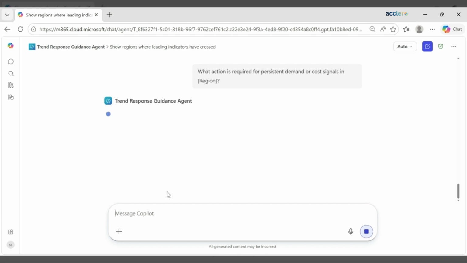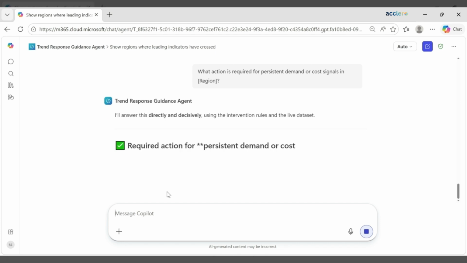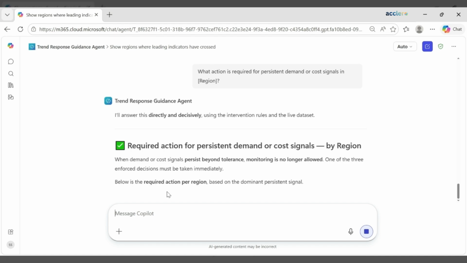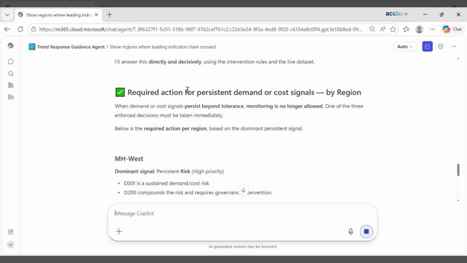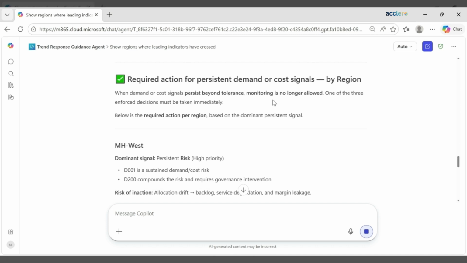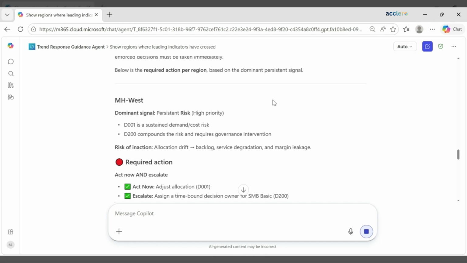Here I am asking the agent what action is required for the persistent demand or cost signals in the region. Instead of just explaining the trend, the agent focuses on the decision or the action. So here are the required actions by region. For MH West, it is a very high risk signal, a dominant signal.